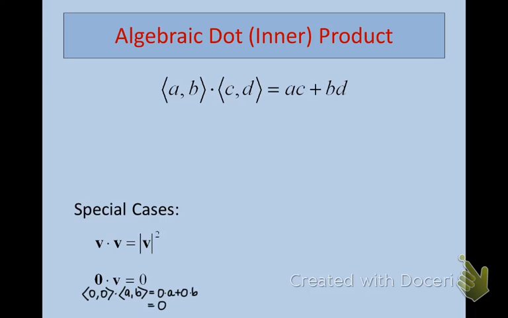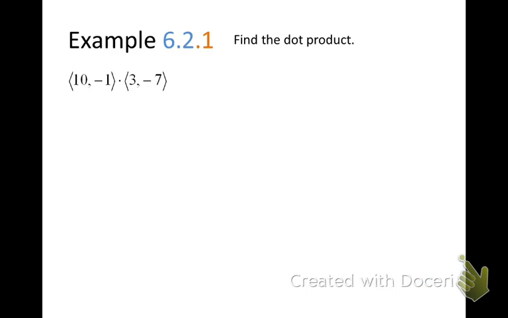So let's see how we take a dot product. Pretty basic computation if you know it. What is my computation going to be here? Don't tell me the actual answers along the way, but what am I doing? What's the first multiplication I do? 10 times 3, and then I add -1 times -7.